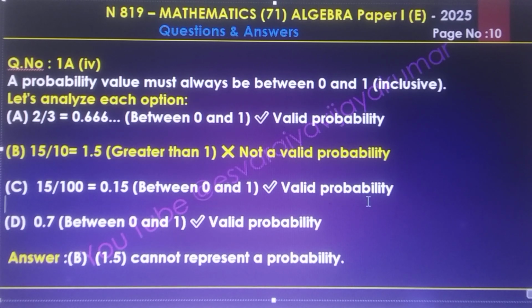And 0.7 is also between 0 and 1, a valid probability. So the answer is B, 1.5 cannot represent a probability.